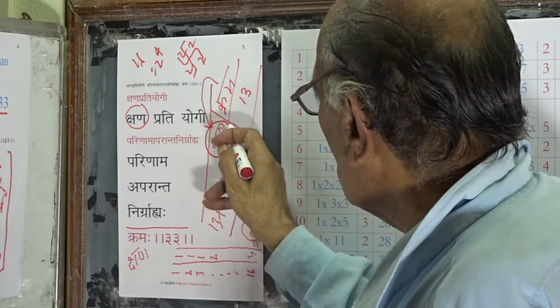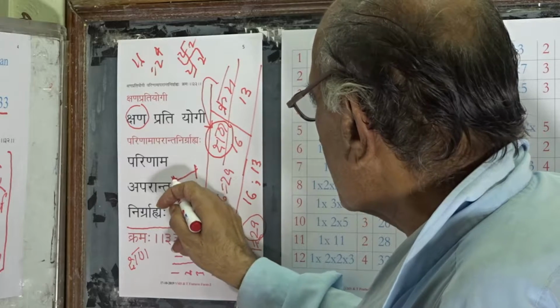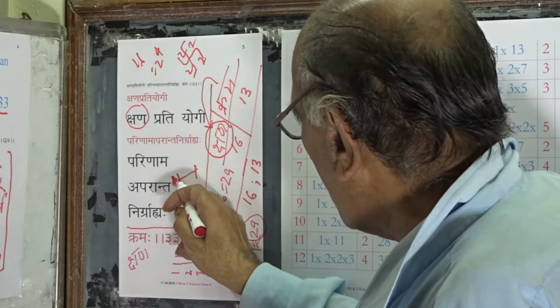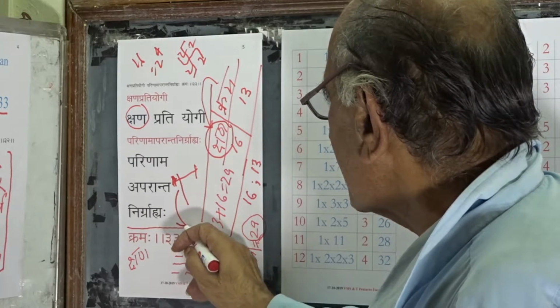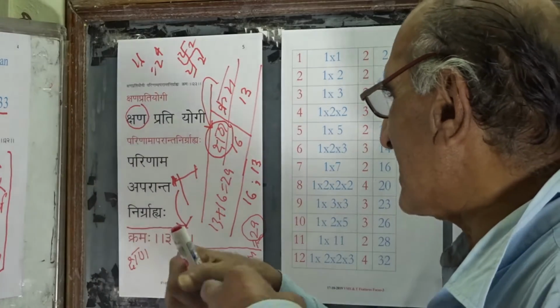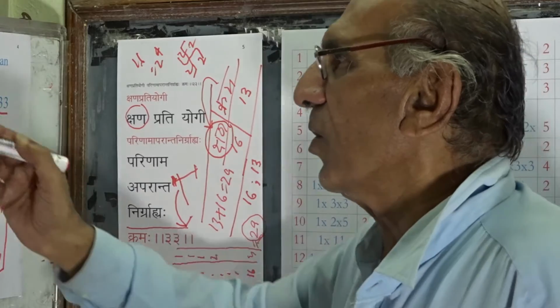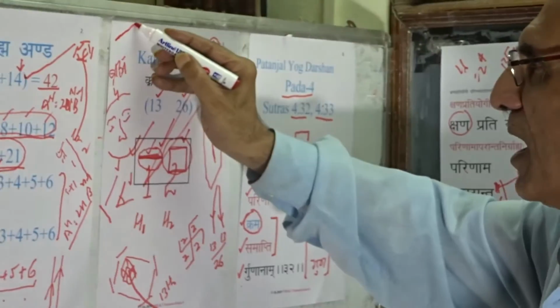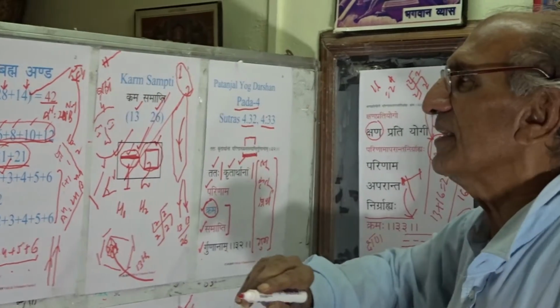The whole time unit is complete in itself, and every avayava component of this time unit as a Kshana as well is complete in itself. How this whole and part are simultaneously complete in themselves.